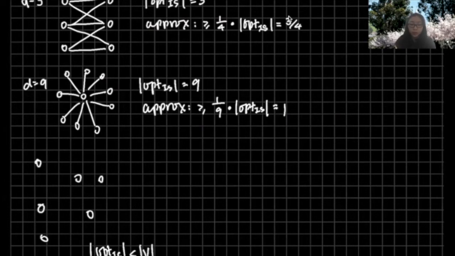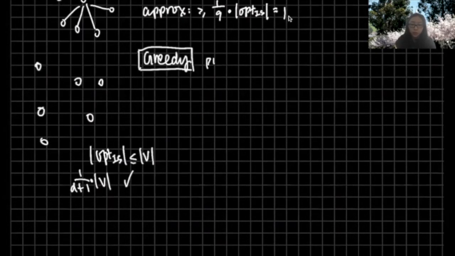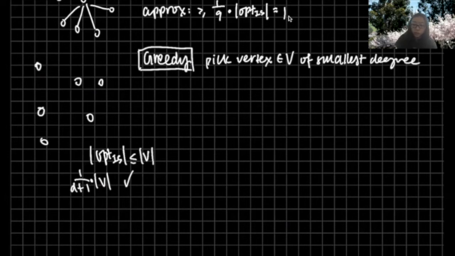So at each step, we are going to pick the vertex in V of smallest degree, and then put it in our independent set. So our independent set starts out empty. Obviously, we have to pick something that is not already in our independent set.